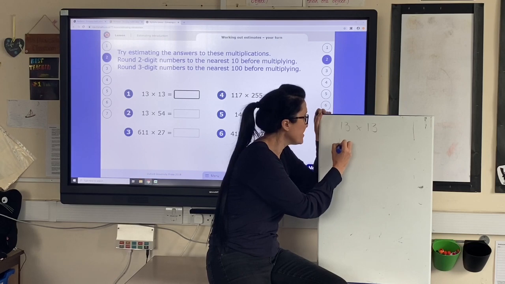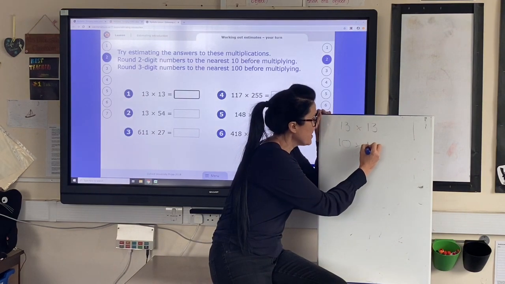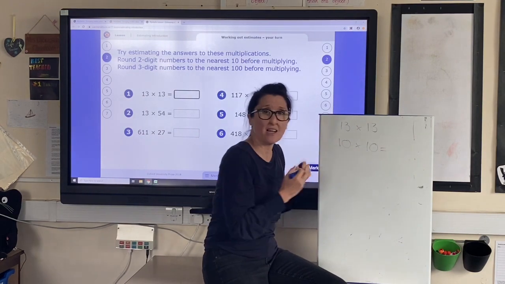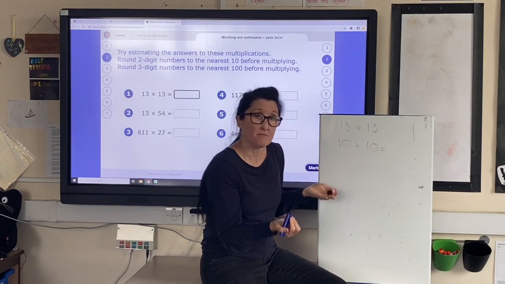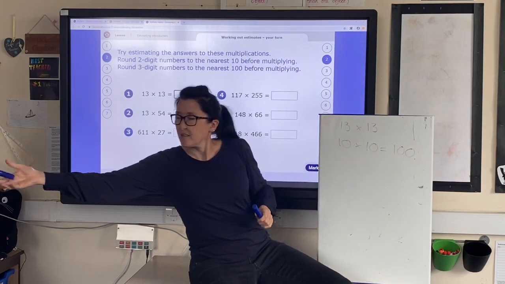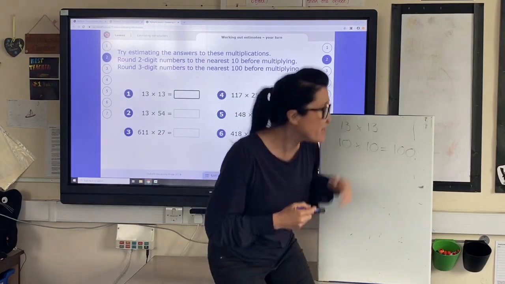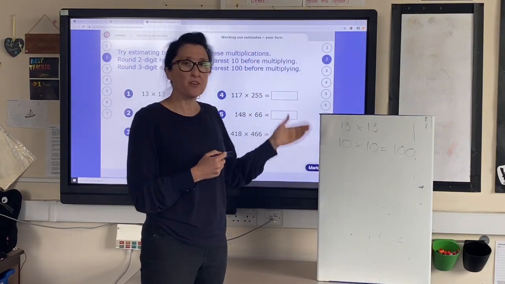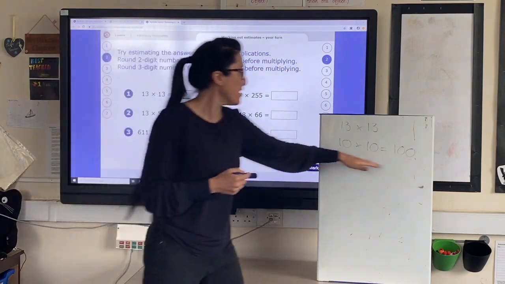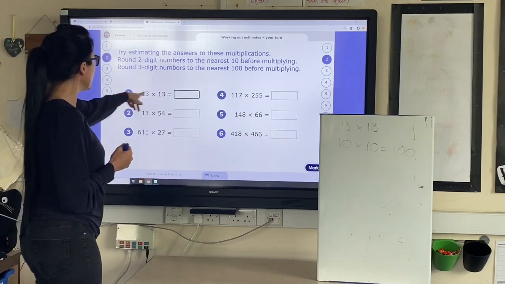So 13 rounded to the nearest 10 is 10, which leaves me with 10 times 10, which is 100. Okay? So using rounding to estimate, 13 multiplied by 13 gives me roughly 100. So that's a 2-digit by 2-digit.